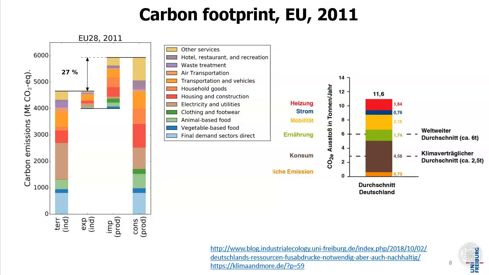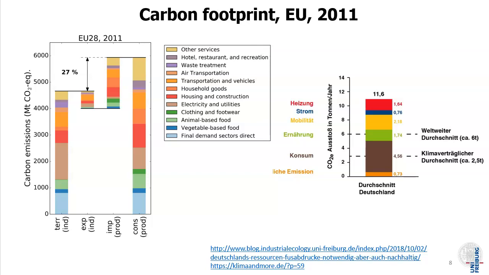The second column from the right is emissions in other countries that are allocated to EU consumers. And then the sum of the three, this is the right column, is the consumption-based account. So this is a mix of emissions in the EU and outside the EU that have a common feature, which is that they all appear in the supply chain of the consumption of EU citizens. So this is what we call the consumption-based account.